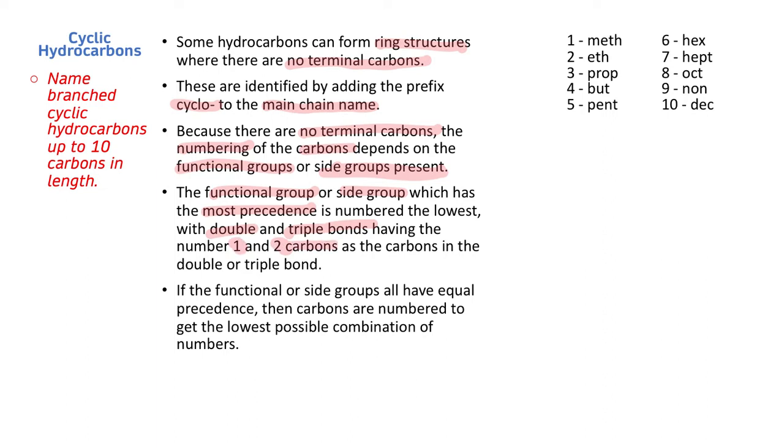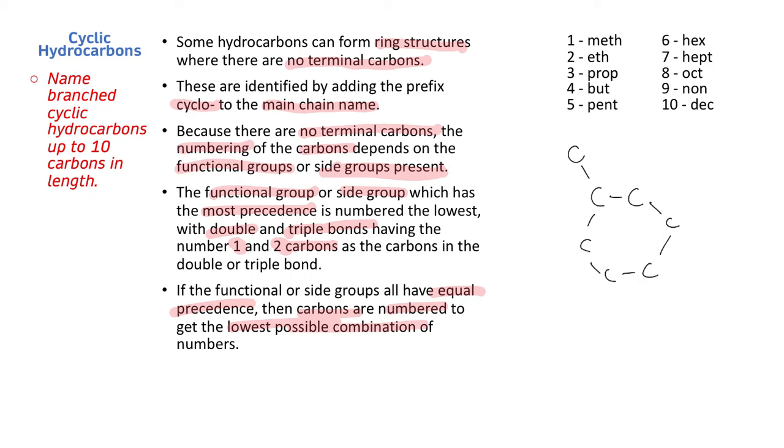If the functional or side groups all have equal precedence, then the carbons are numbered to get the lowest possible combination of numbers. So let's have a think about some examples. Obviously there should be hydrogens on here, but I'm not going to draw them out. This is cyclohexane, nice and easy. If I start off with a side chain here, this is methyl cyclohexane.